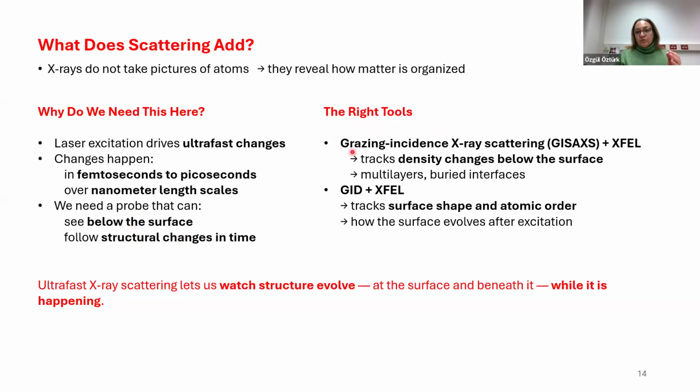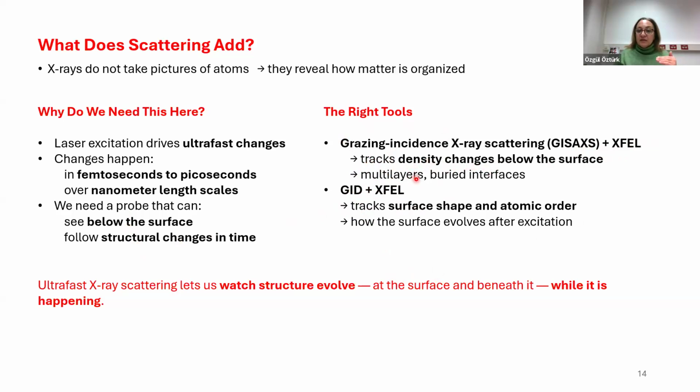So the right tool to do this is grazing incidence X-ray scattering, GISAXS, combined with an XFEL, and GID, grazing incidence diffraction, combined with an XFEL. With GISAXS, we can track the density changes below the surfaces.